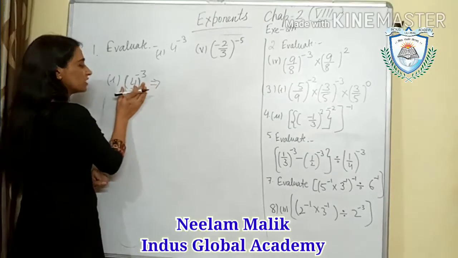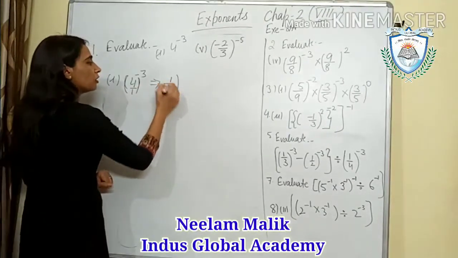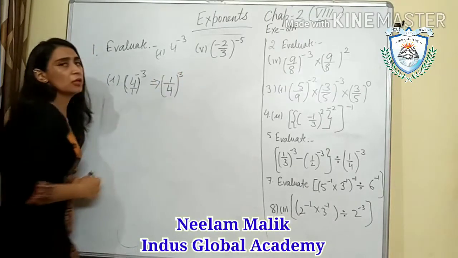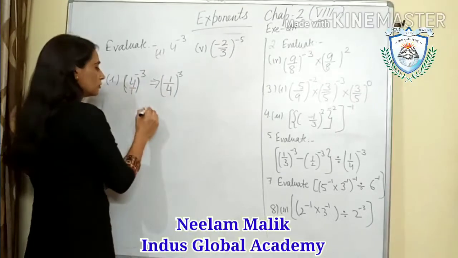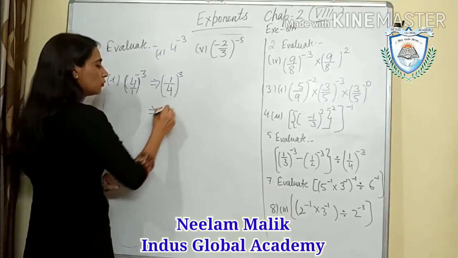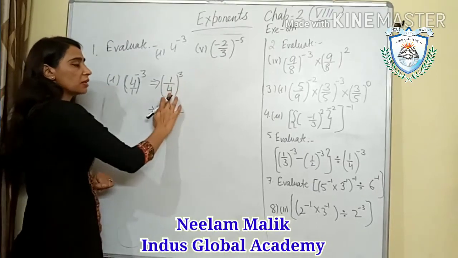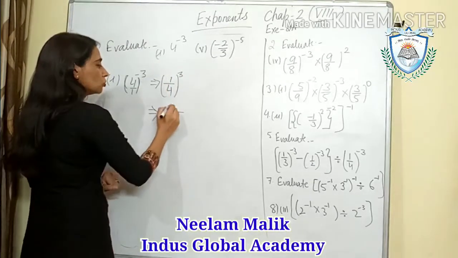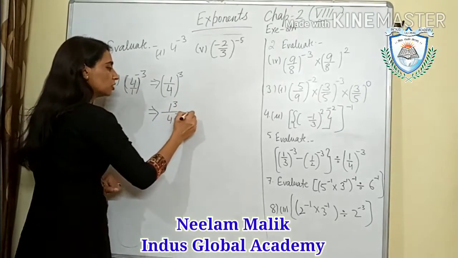So reciprocal of the base means 1 upon 4 and the power will be positive. Okay, so here we have 1 upon 4. The power of 1 is 3 and the power of 4 is 3.